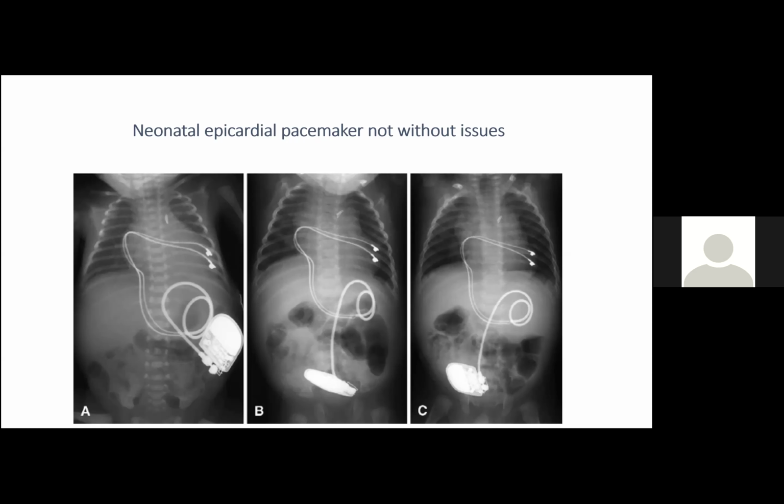And this is just an example of how an epicardial pacemaker in a neonate is not an easy task. You can notice here the migration of the pacemaker to the abdominopelvic area, because she's a small kid, and this is one of the complications of the epicardial pacemaker.